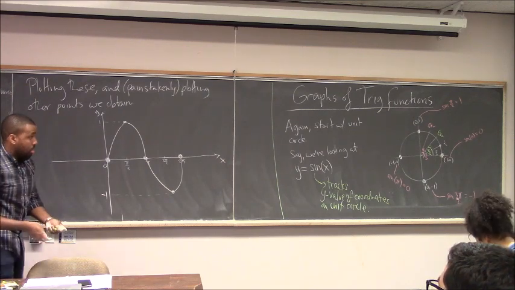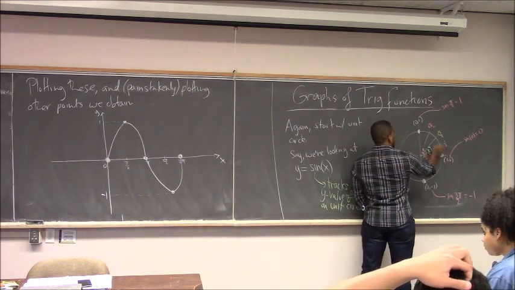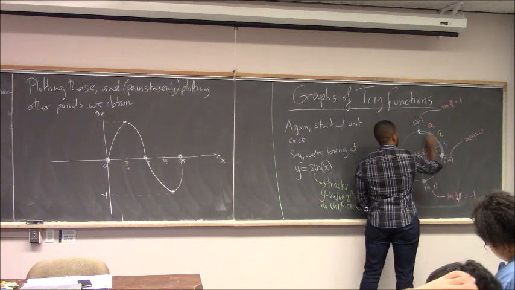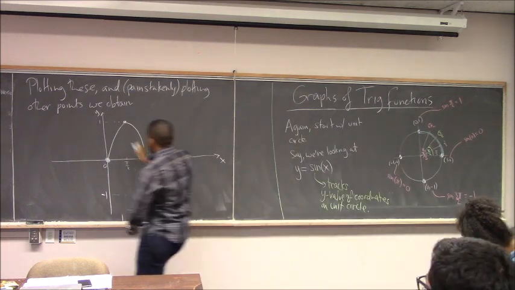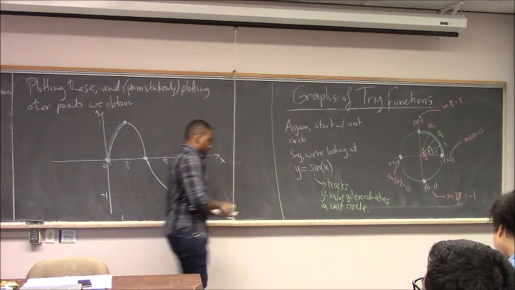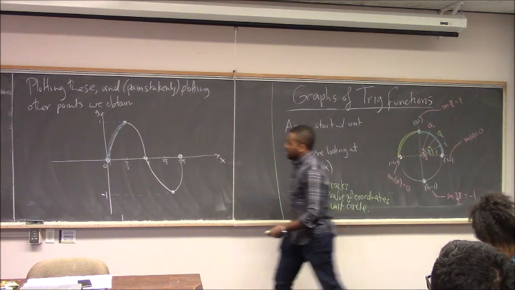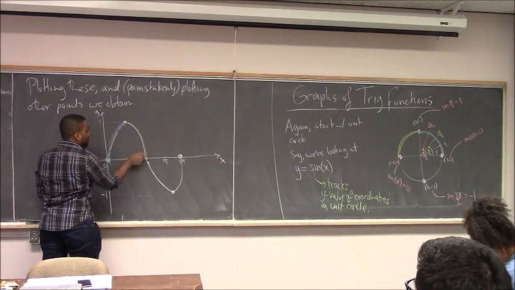pieces. So you're looking at, say, this part right here would correspond to this part of the graph. And this part right here would correspond to this part of the graph.